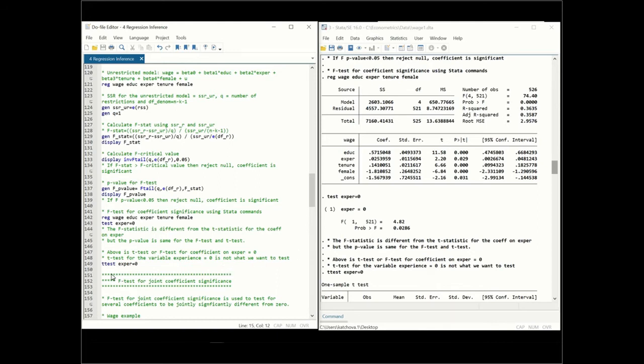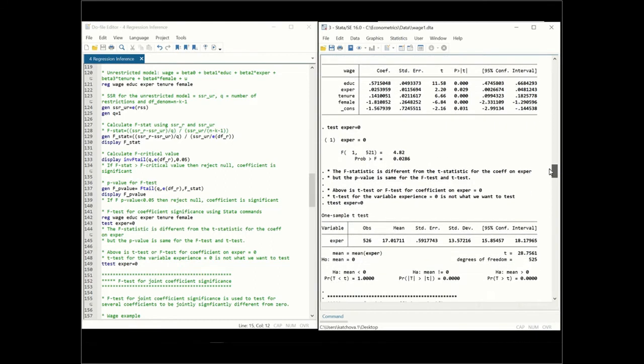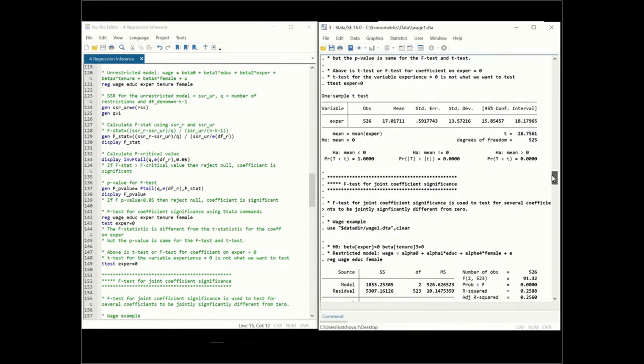Note one important fact here: the above is the t-test or f-test for the coefficient on experience being 0. But the t-test for the variable experience equals 0 is not what we want. If we do a t-test of the variable experience equals 0, it would give you a completely different thing than what we're trying to accomplish here.